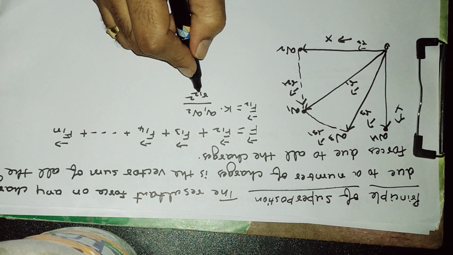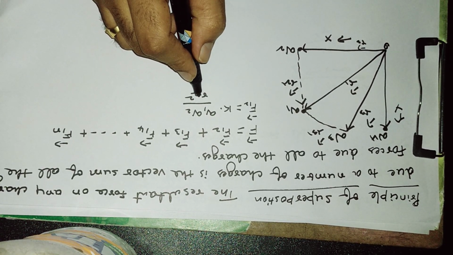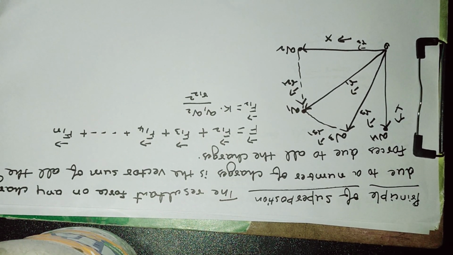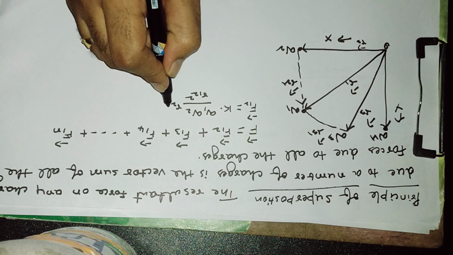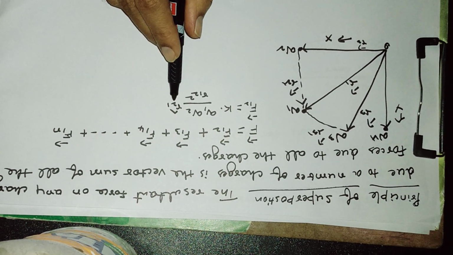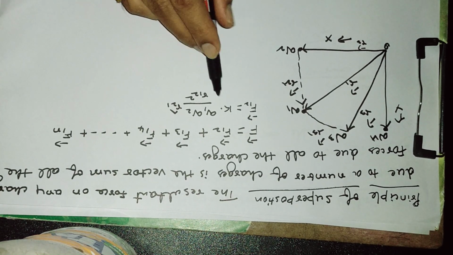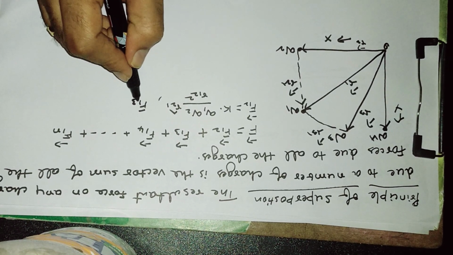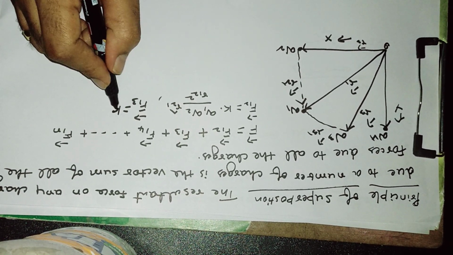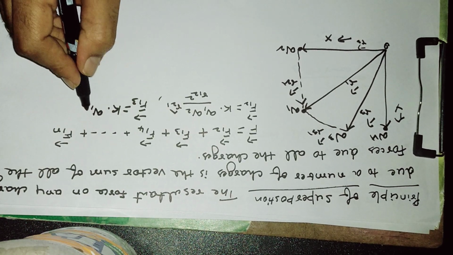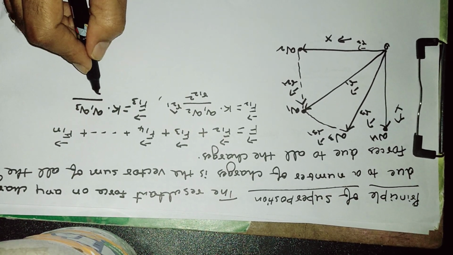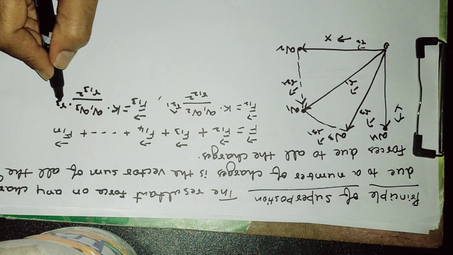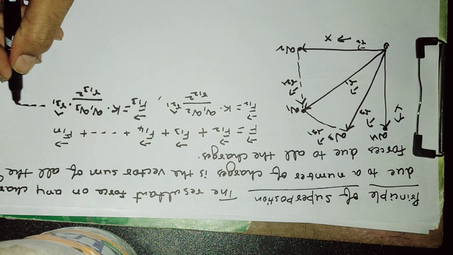Even if I don't write parallel lines and put the vector symbol, it is magnitude into r21 cap, the unit vector, which makes this a vector. Similarly, I may write F13 as K into q1 q3 divided by r13 square into r31 cap and so on.